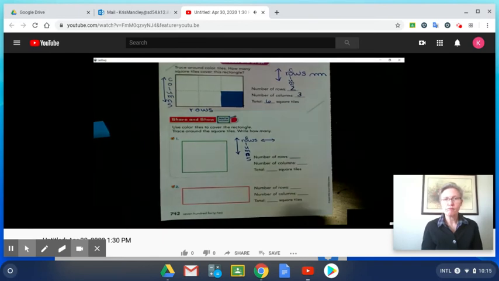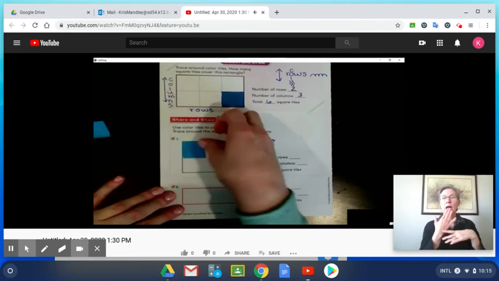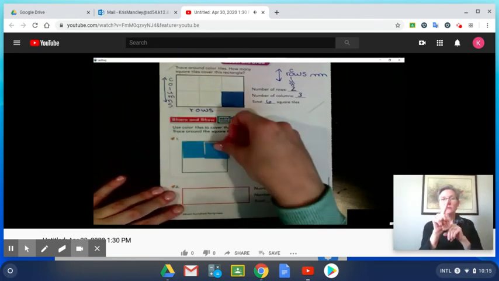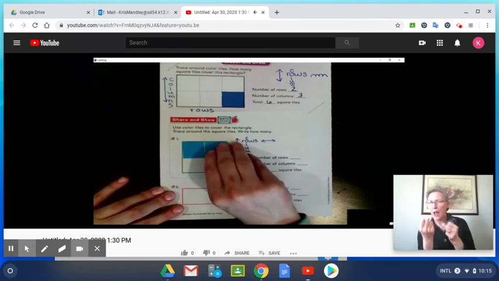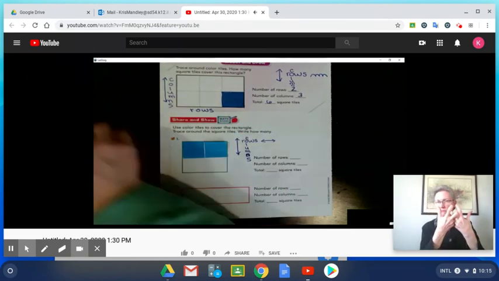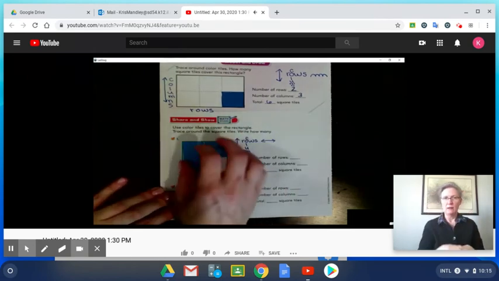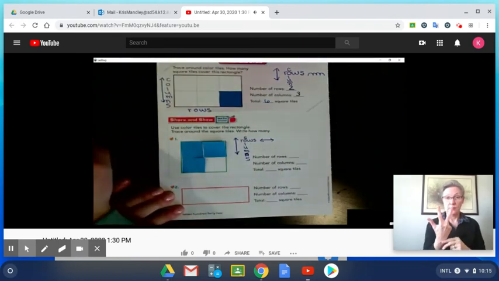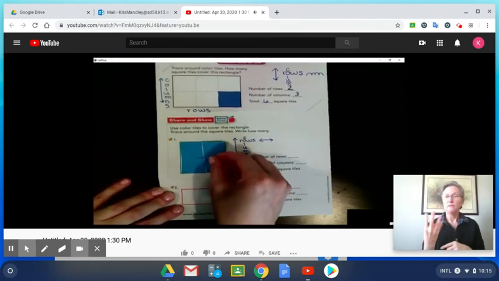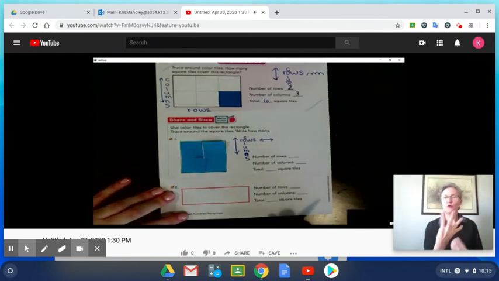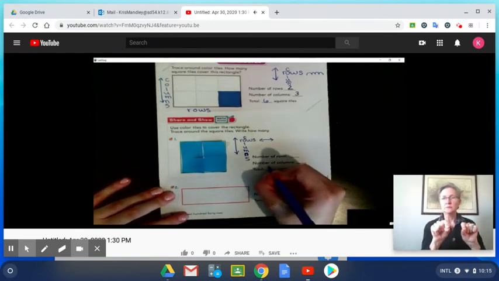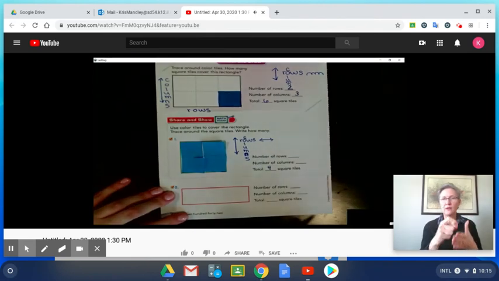Okay. So I'm going to start by just placing my square tiles in. 1, 2, and I bet you can pretty much guess how many are going to be in here just by looking at it. Just to make sure, 3 and 4. So I know I have a total of 4 square tiles, so I can write that down here, 4 square tiles.